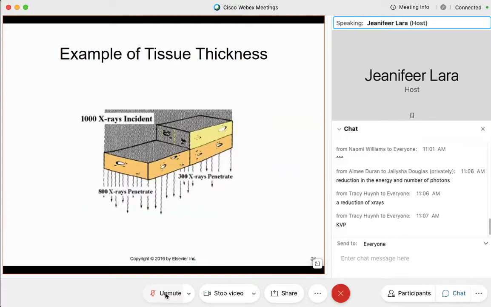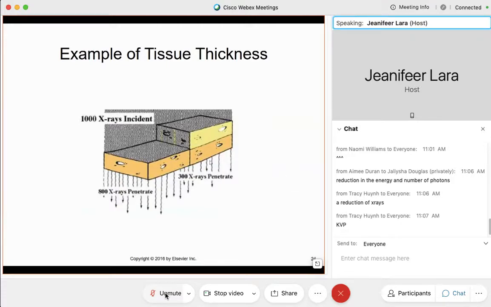So here's an example. We have one layer of this material, and now we've added a second layer to this material. All of the material is being exposed to X-ray. So here, let's just have an example of 1,000 X-rays that are exposed onto the two layers.